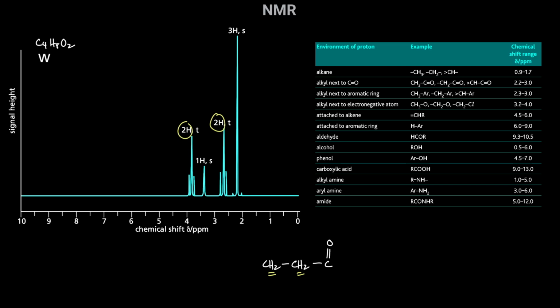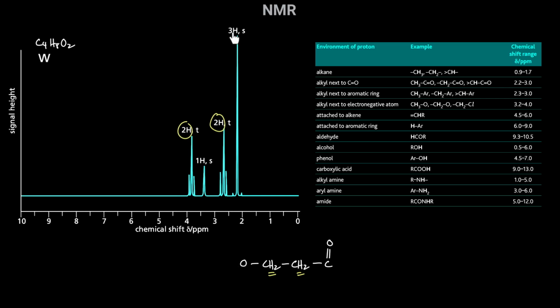The next thing to note is that the other CH2 shifts in the range 3.8 or 3.9 parts per million. The only oxygen containing group that would cause this is if that CH2 was directly bonded to an oxygen, which shifts in the range 3.2 to 4 parts per million. So this carbon must be bonded to an oxygen. Could this oxygen be bonded to another carbon?